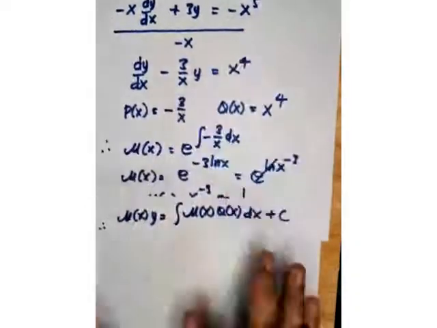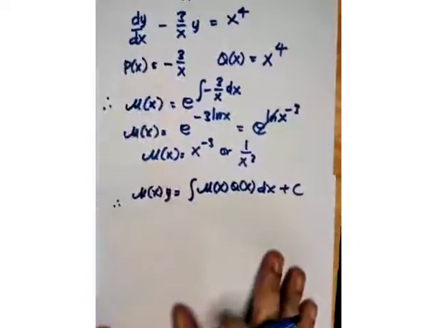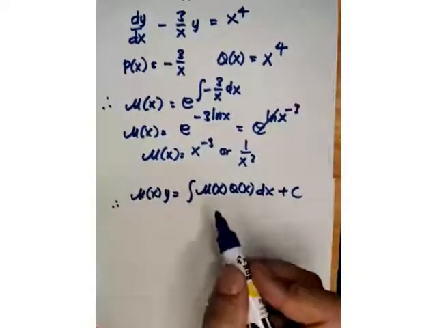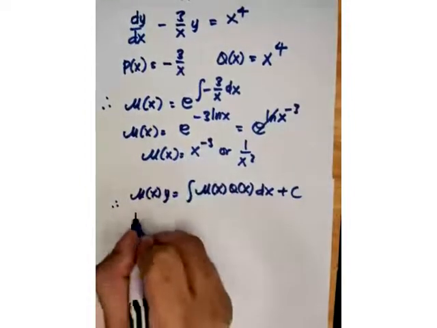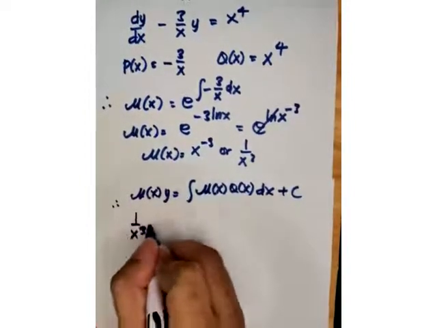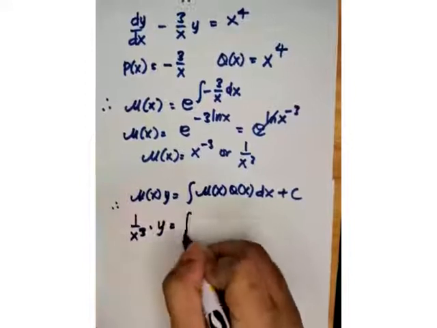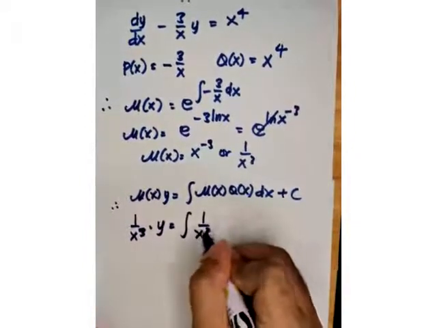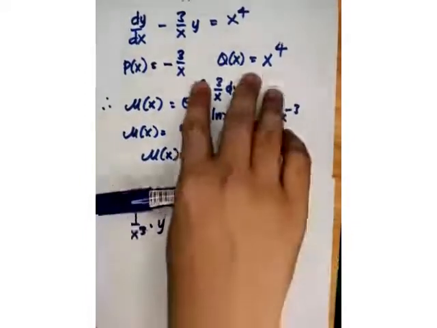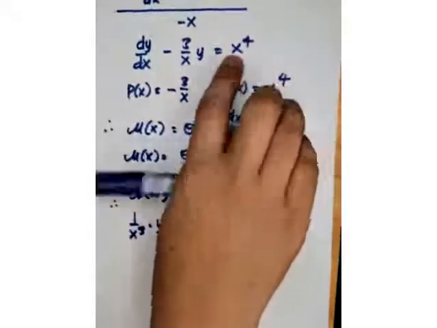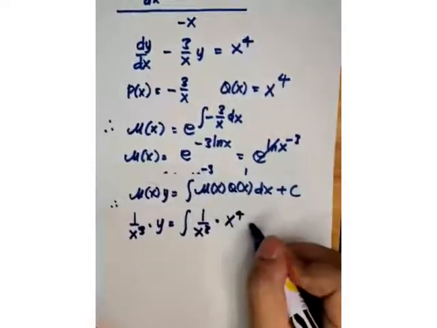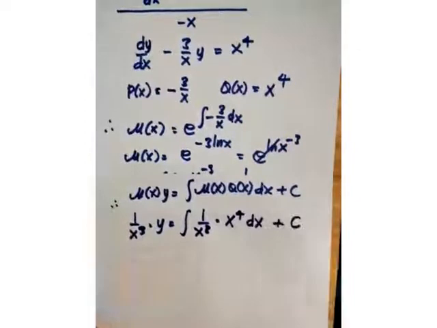Okay. So that means, copy natin, this is 1 over x cubed times y is equal to the integral of 1 over x cubed times our q of x. So q of x is x raised to 4. X raised to 4 dx plus c.